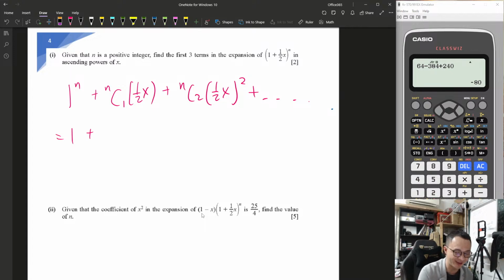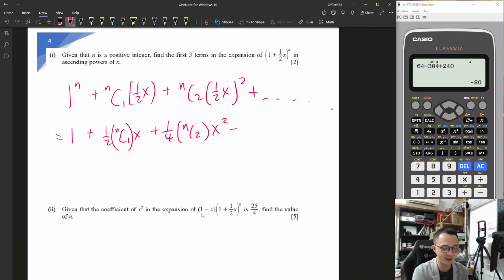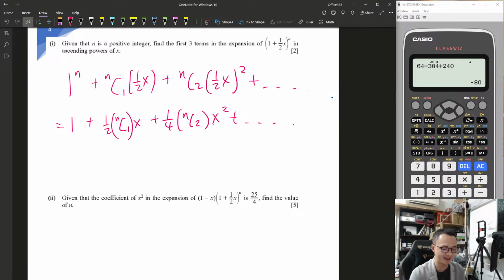Maybe half nC1 x, put a bracket for nC1 maybe. So this is 1 over 4 and then nC2 x squared. I don't think we need to expand the nC1 now. Maybe we expand it later. Okay.